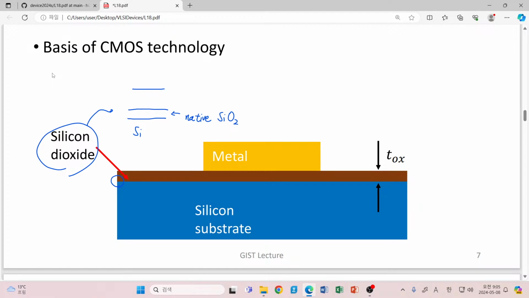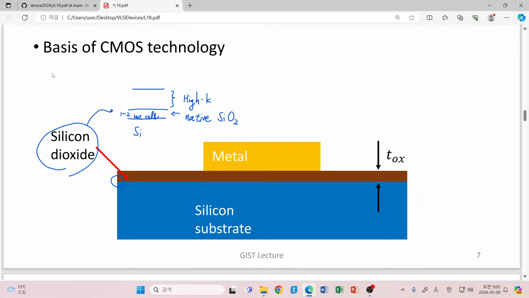If we have silicon, then naturally silicon is oxidized under an oxygen environment. This is just one or two unit cells thick, extremely thin, and on top of it we have introduced high K material. We will revisit this important topic again and again.